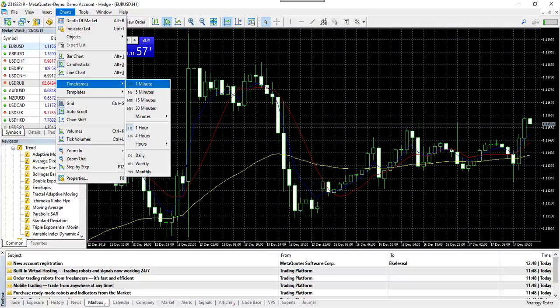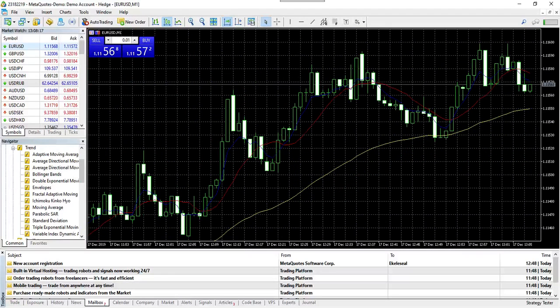Now let's go to 1 minute time frame. Now see it, it shows you the market per minute. In a minute it went as high as this. So if you place a trade here, depending on where the buy icon is, between here and here, that's where you make your profit.